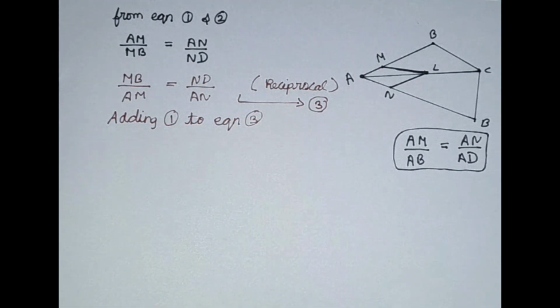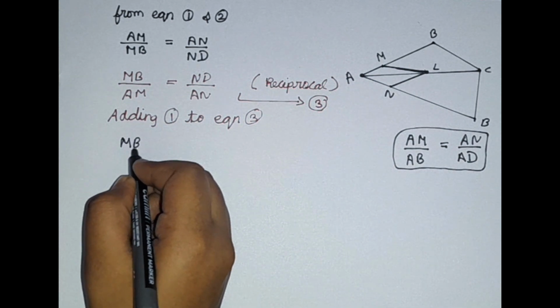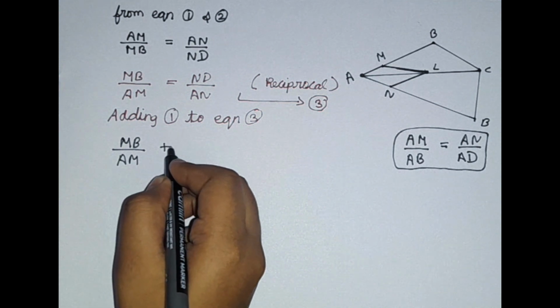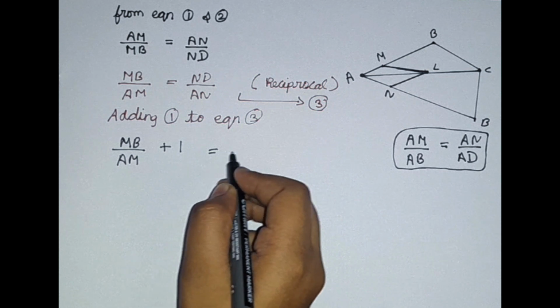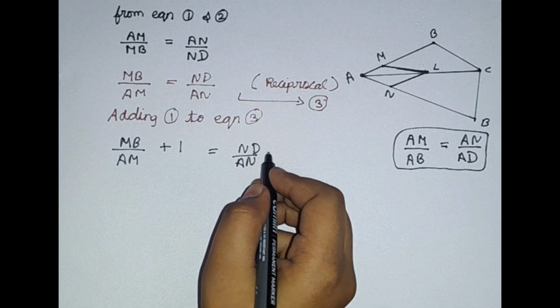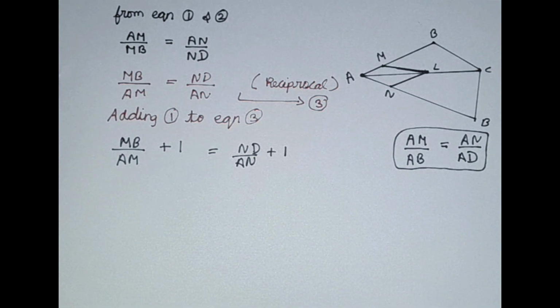Now I'm going to add 1 on equation number 3. So MB by AM, and I'm going to add 1, and then ND by AN plus 1. I just added 1.